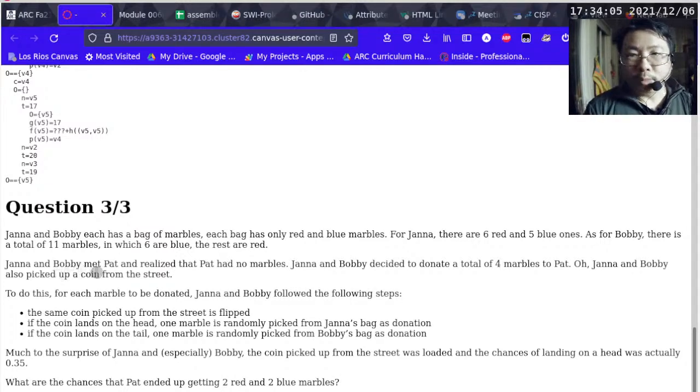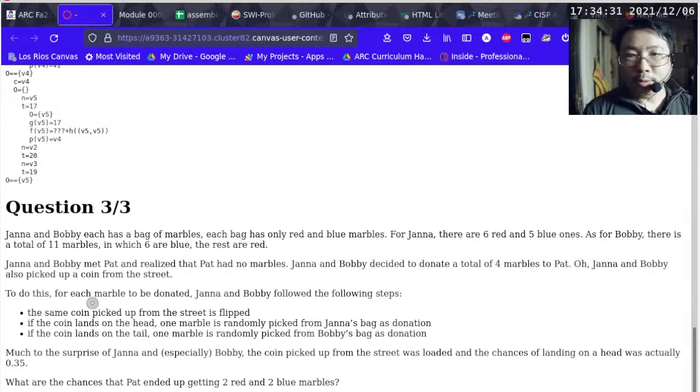Jana and Bobby met Pat and realized that Pat had no marbles. Jana and Bobby decided to donate a total of 4 marbles to Pat. Jana and Bobby also picked up a coin from the street. In order to determine how they are going to give 4 marbles to Pat, they flip the coin.